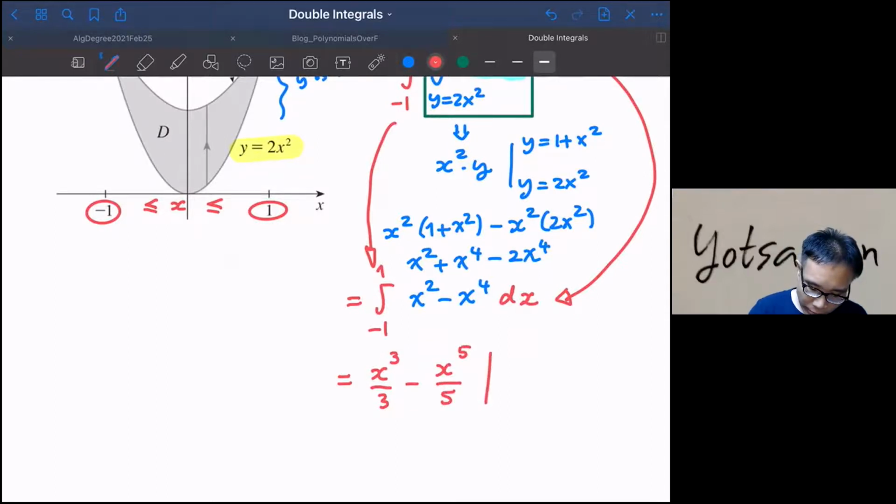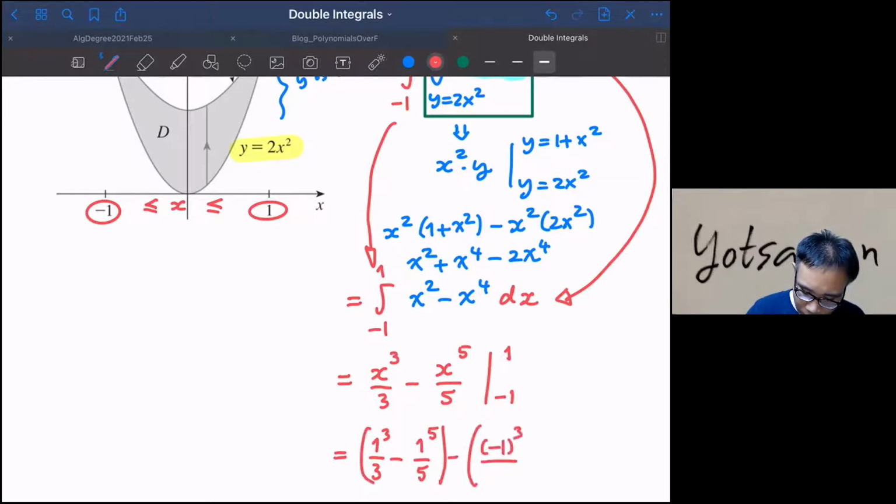And it's going to be from negative 1 to 1. So it's going to be 1 over 3 minus 1 over 5, subtract by negative 1 over 3, negative 1 to the 5th over 5.